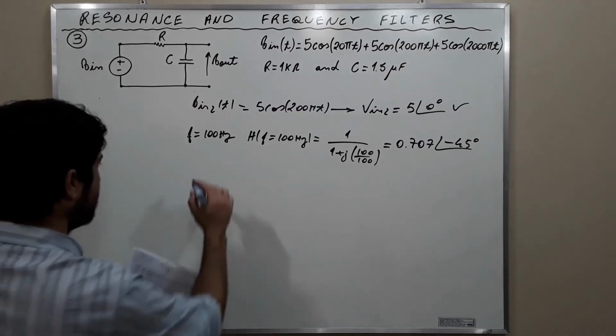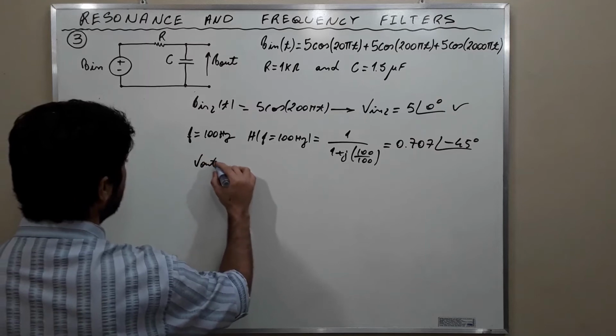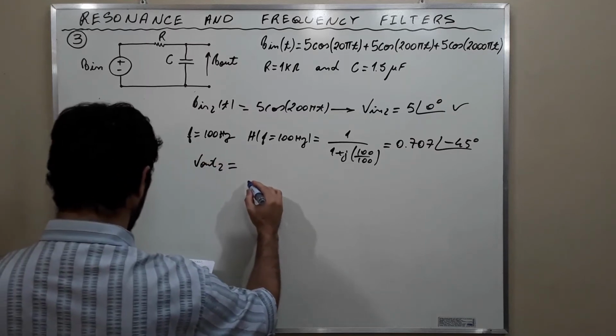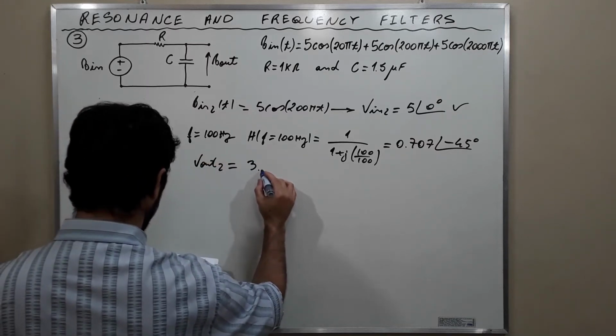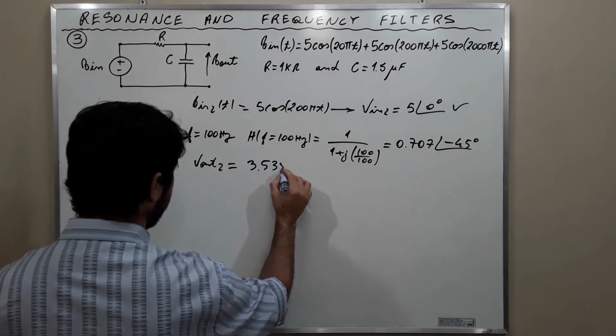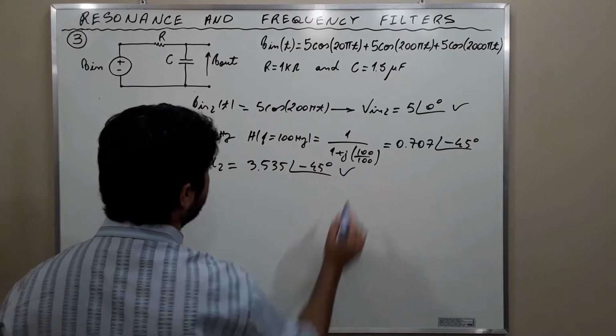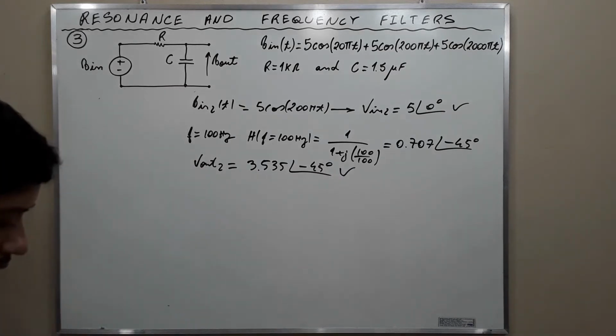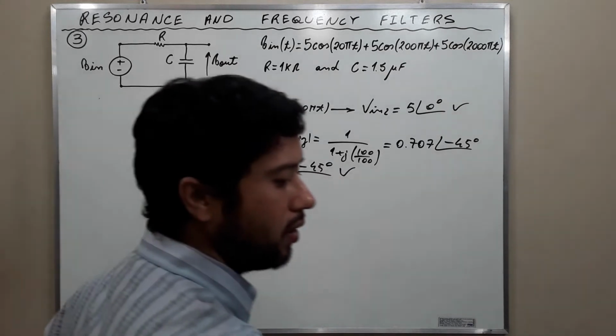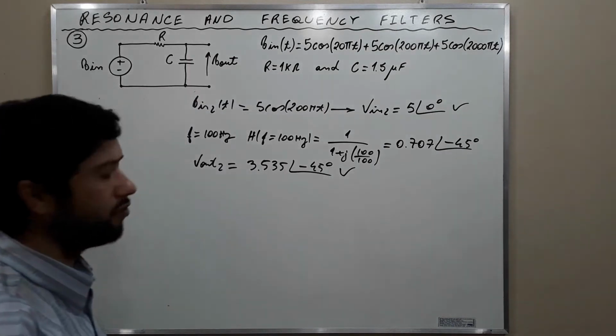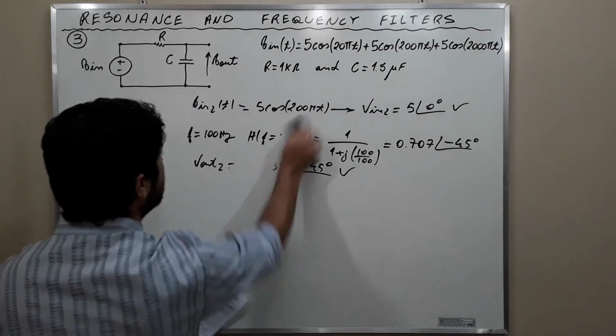And for us here, V out 2 is equal to 3.535 in the phase negative 45 degrees volts. Okay, easy, isn't it? Now to finish, we do the same for the third component.